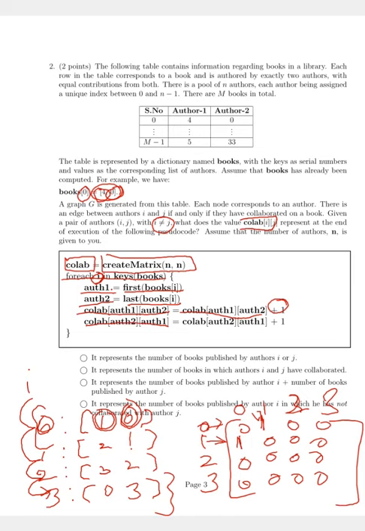So we have taken two values of collab here. We have taken collab of, say, 1, 0, which is also equal to the collab of 0 and 1, because we know that they are both equal.